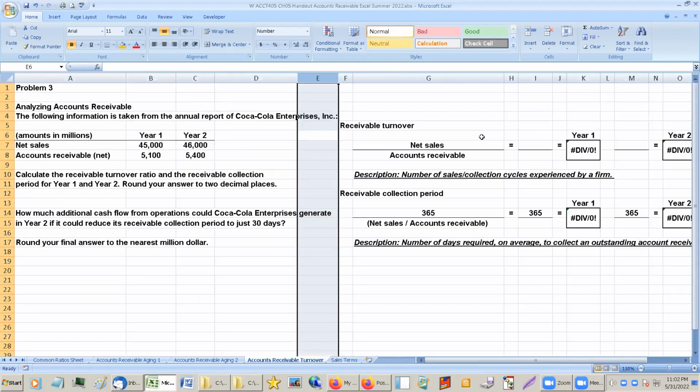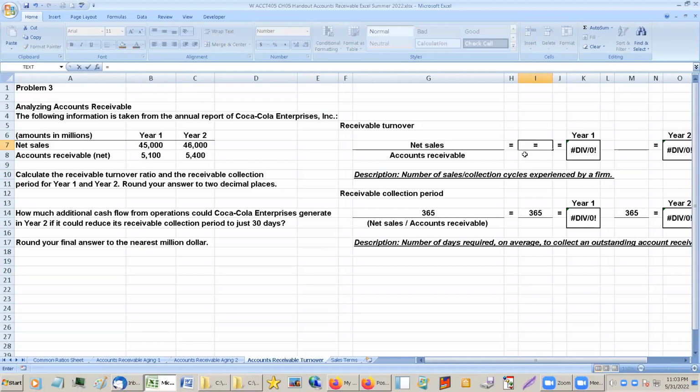I'm probably going to set this one up a little bit better. Okay, we'll go ahead and do our turnovers: our net sales to accounts receivable, year one, year two.